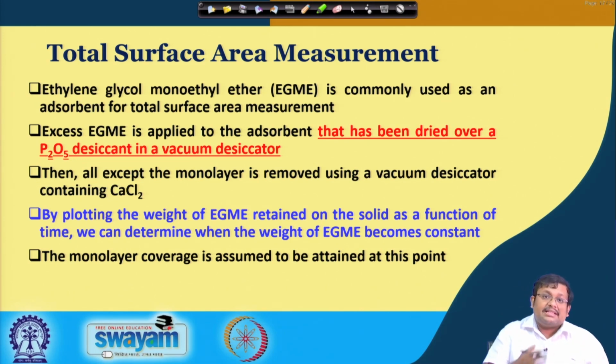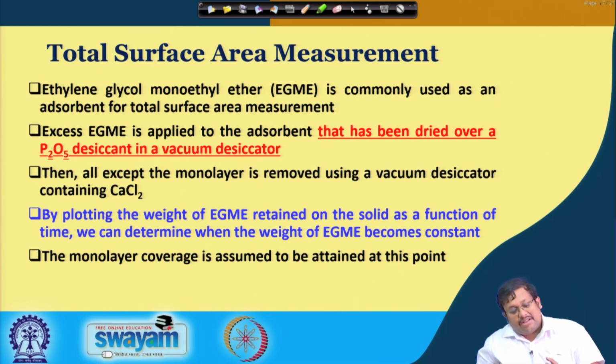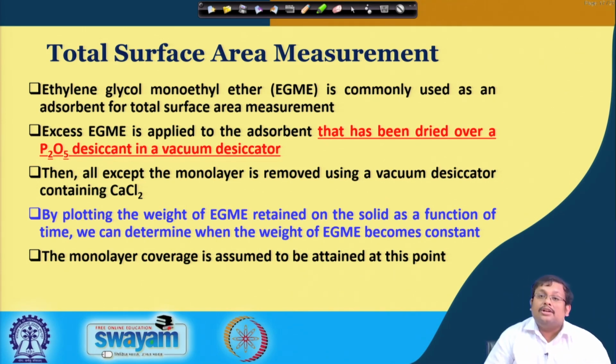We apply excess of EGME to the adsorbent which has been dried over a P2O5 desiccant in a vacuum desiccator. So we put the adsorbent and dry it in the vacuum desiccator in the presence of P2O5 desiccant, and then we put excess amount of ethylene glycol monoethyl ether, or EGME. Then all except the monolayer is removed using a vacuum desiccator containing calcium chloride as a desiccant.